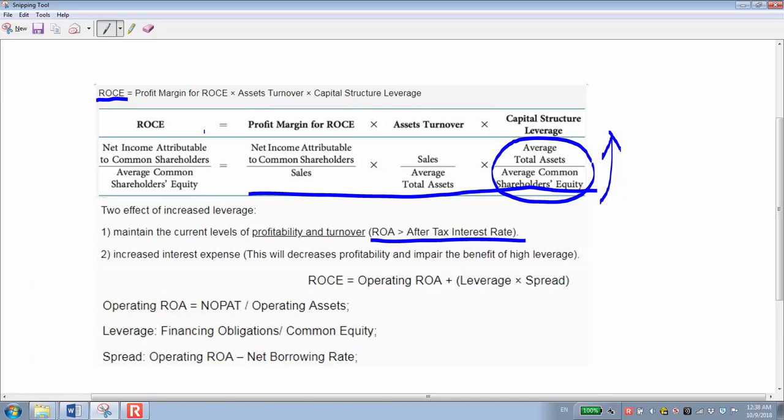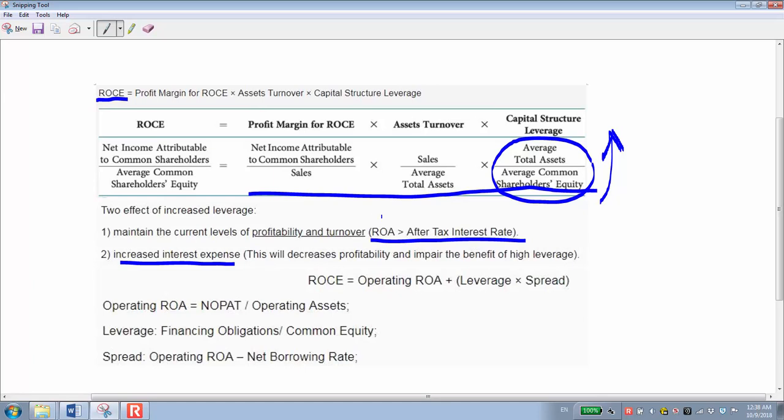And also we learned from our ROCE that when the leverage increases, this will hurt the profitability of the company. Why? First, when you increase your leverage, you will increase your interest rate, the risk of bankruptcy, the risk of solvency and liquidity or credit.